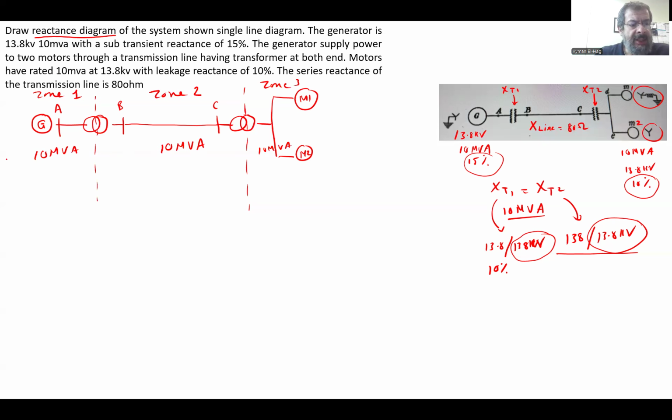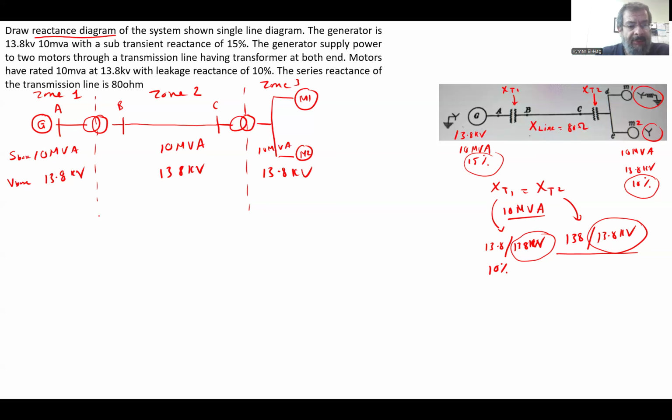For V base, I will use the generator voltage, 13.8 kilovolt. V base in the middle zone would be the secondary of the transformer, 138 kilovolt, and in the last zone it would be 13.8, the secondary of the other transformer.